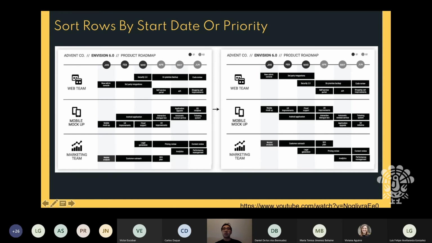So on the left side of the screen, in the web team, the first effort is the new admin console, then third-party integration, then AD Security 2.0, then on-prem backup, self-service, API, code review, and the shopping cart. Now you've basically given the web team, right, a very good plan or roadmap of what they're going to be delivering from January to June.